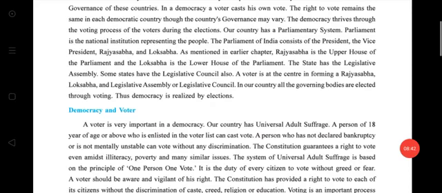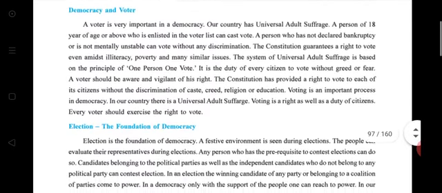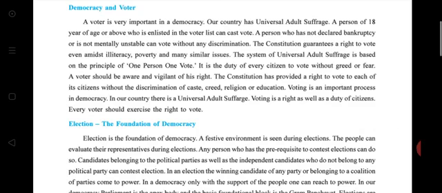Topic number 2, democracy and voter. A person who gives the vote in an election is a voter, right?